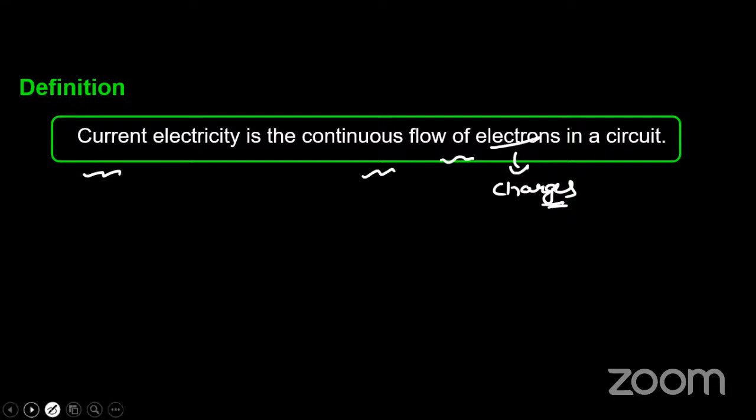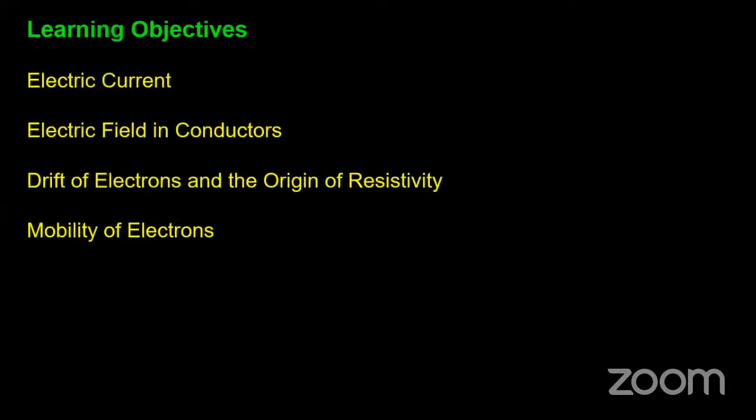Jency also good. So next, let us understand the electric current in conductors properly. So we'll dive deep now. We'll go into the depths of the concept now. Even though it's a crash course, because you people demanded current electricity to be started, I will dive deep into this topic.